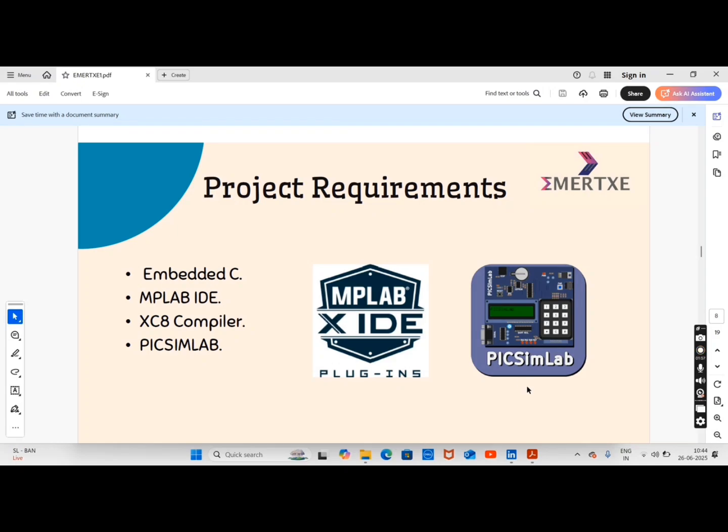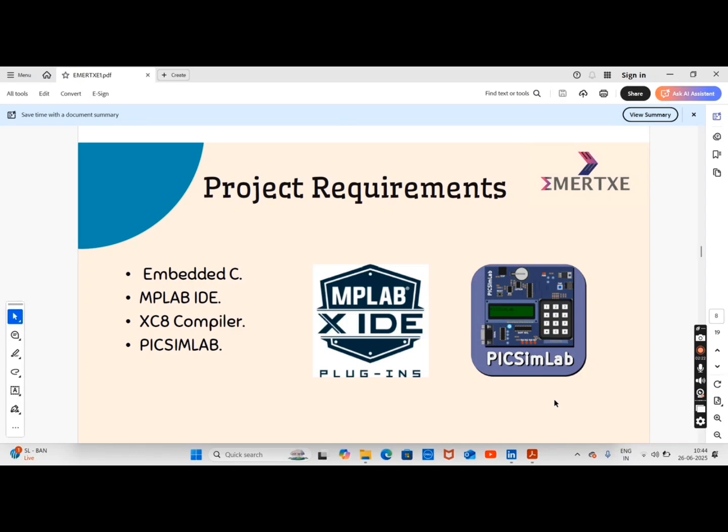In MPLAB IDE, we write our code, simulate our code and get an output. So MPLAB is used to write code. The XC8 compiler is used to compile our code and get an output from it.